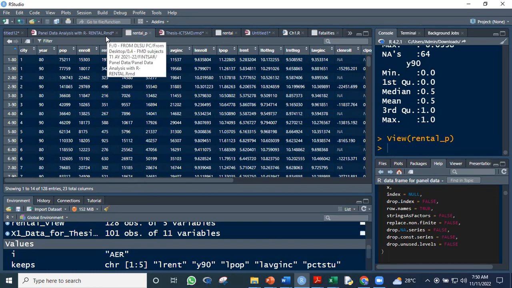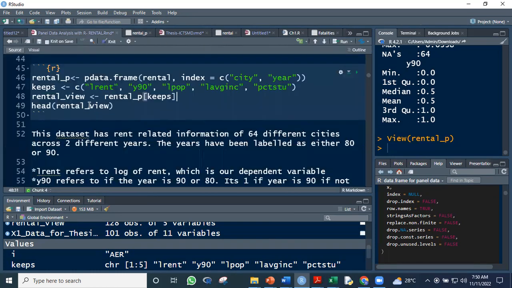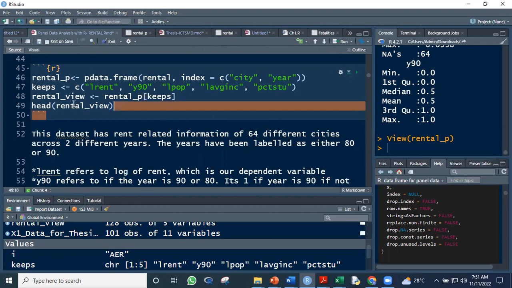So we created this object rental view, which is rental P, and then we are only subsetting KIPS. What's KIPS? KIPS includes the five variables. Plus, of course, since rental P is indexed, it will also include the city and the year. Let me run this too.